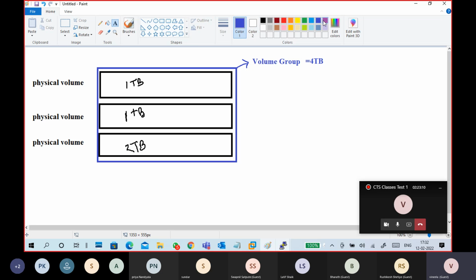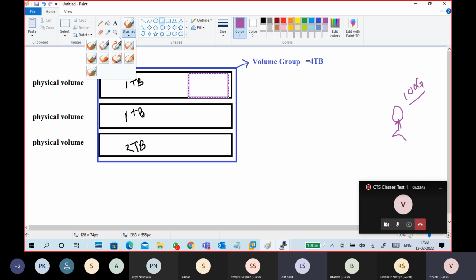Next, for example, someone asks, I need a 100 GB hard disk. What you will do is create a 100 GB disk in this volume group and give it to the customer.